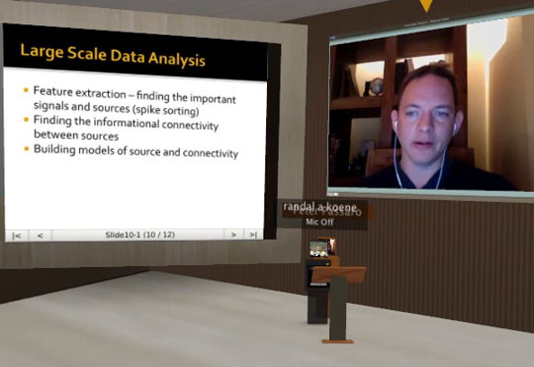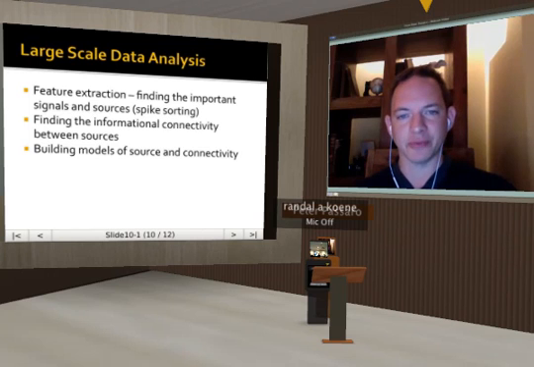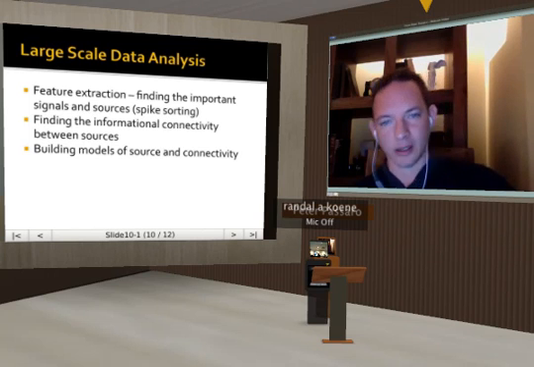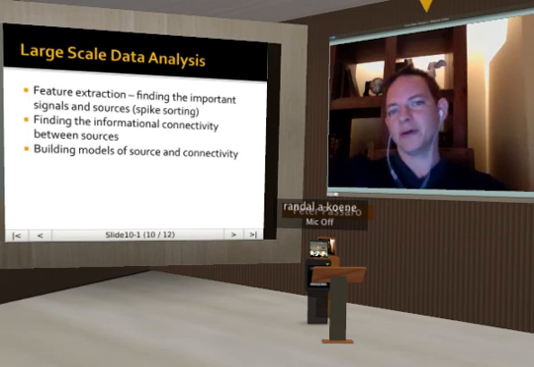And then from there, if we can get the individual cells and the connectivity between them, building large-scale models of how these systems work. And what happens, say, when you do a learning experiment, or what happens when the organism does a particular behavioral task.